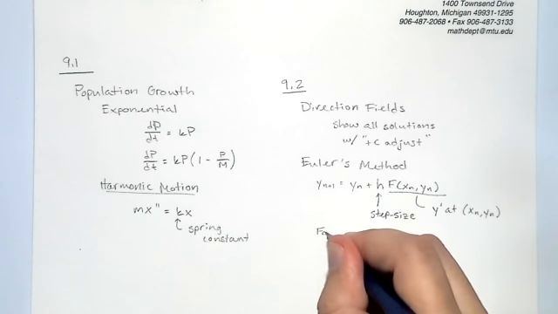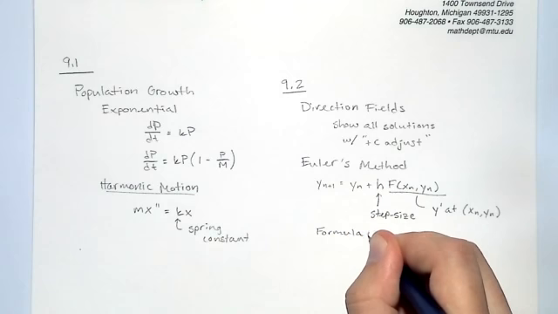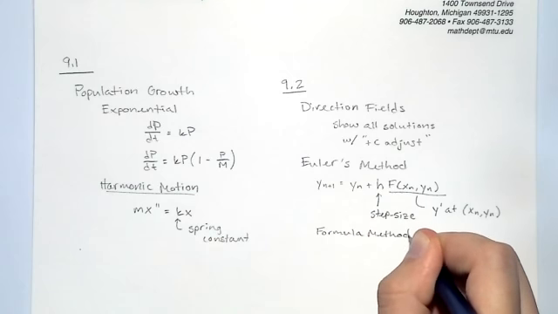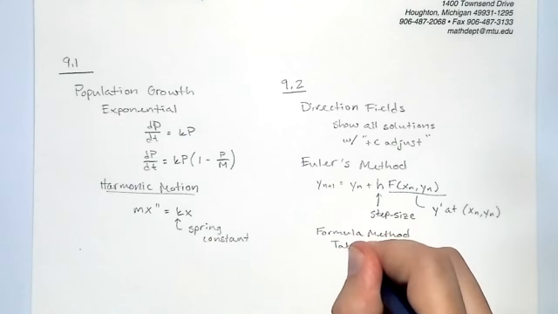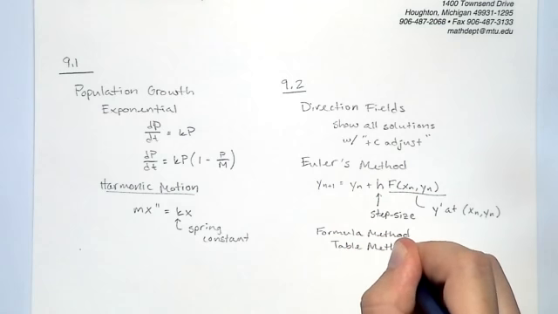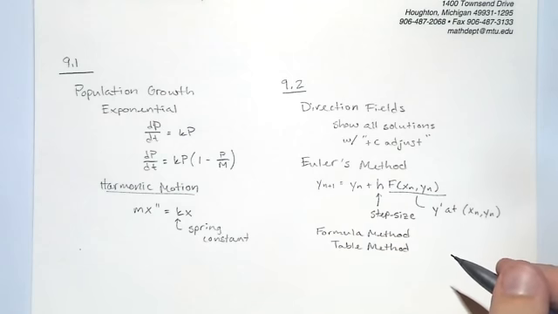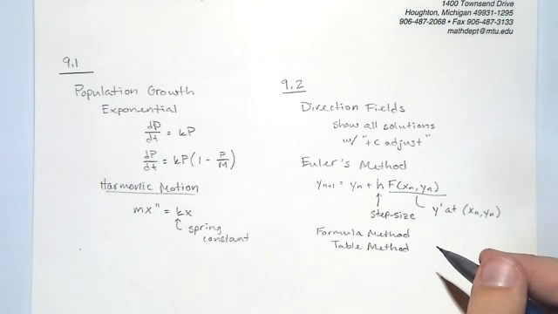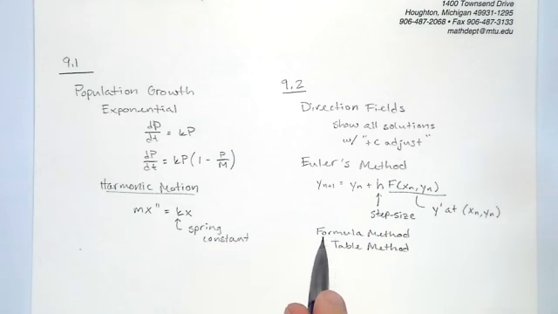And you can attack Euler's method a couple different ways. There's the formula method of laying it all out, or also the table method. Both obviously work well and they work pretty easily. It's just really up to personal preference. Personally, I like to do the formula method. It makes sense in my head a little bit more, but I understand.